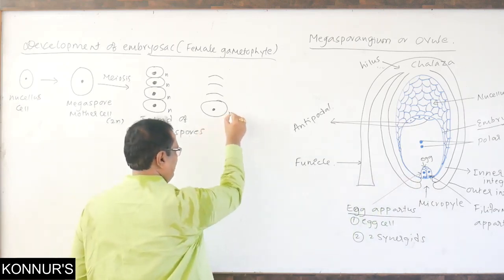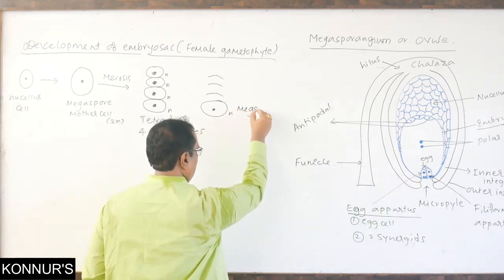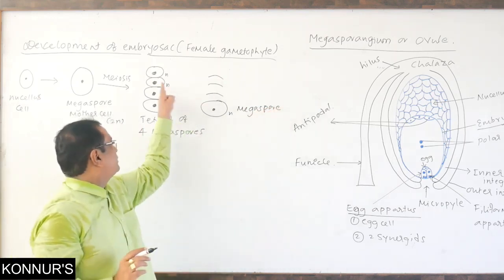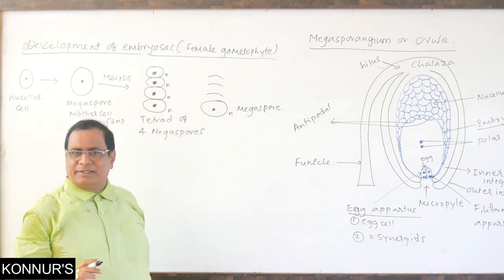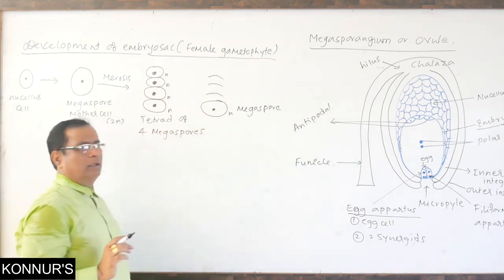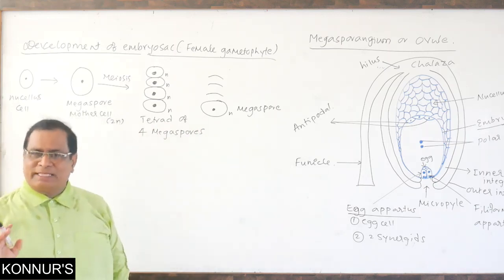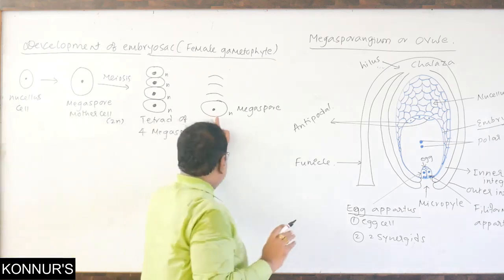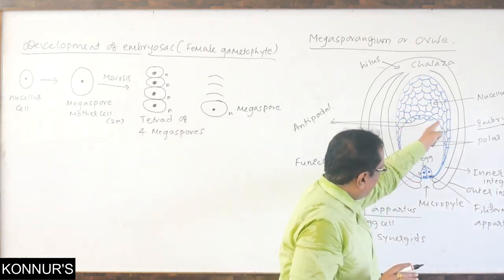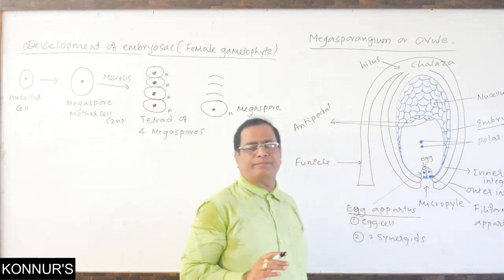This is a single megaspore that is functional and 3 are degenerated. This single megaspore now becomes embryo sac. From this single megaspore, this total embryo sac is formed.